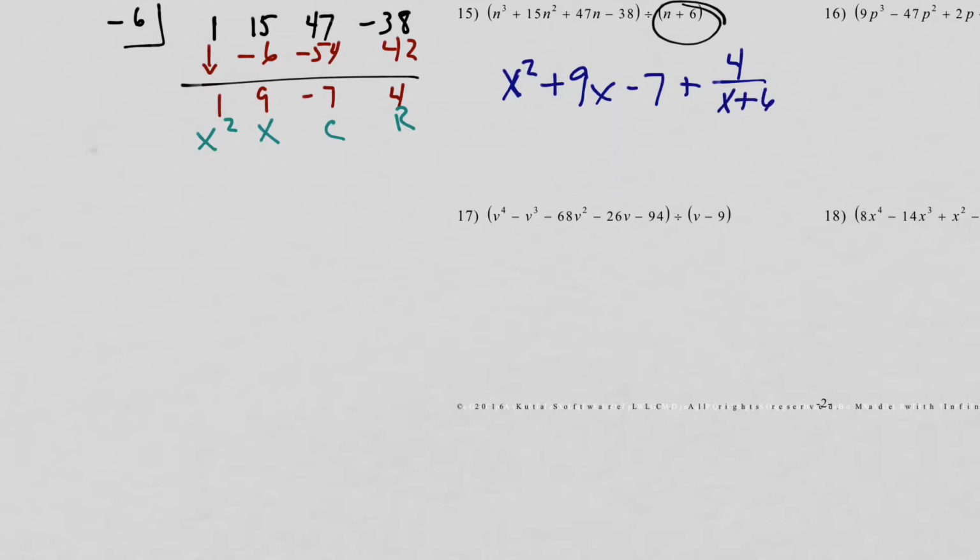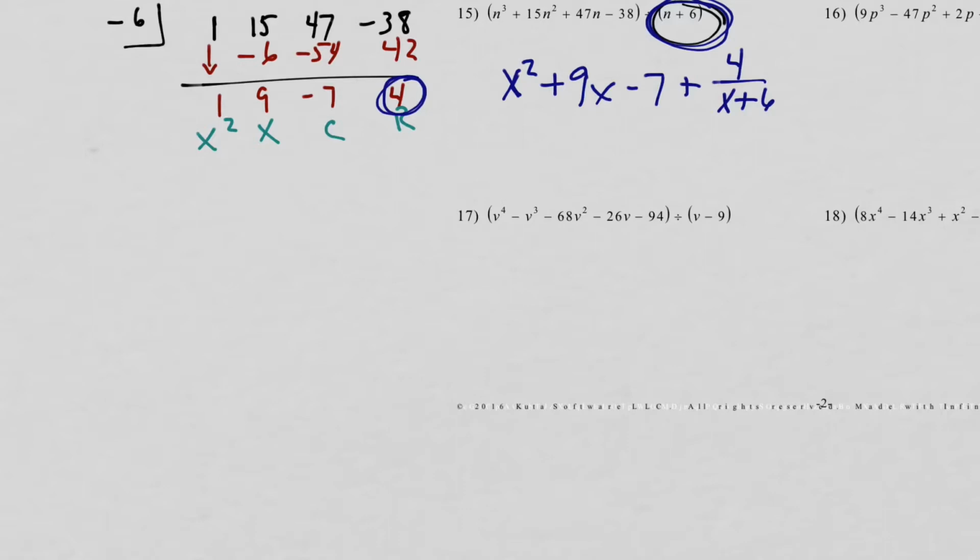I wrote x's, I guess they're n's. Okay. But this remainder, notice how I take the remainder and I plug it as the numerator of what you're dividing by. Okay. Now again, the same result would happen if we would have done long division.